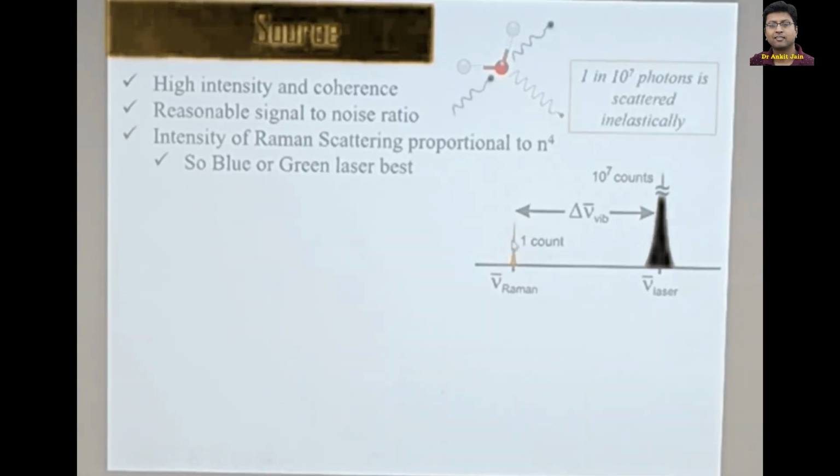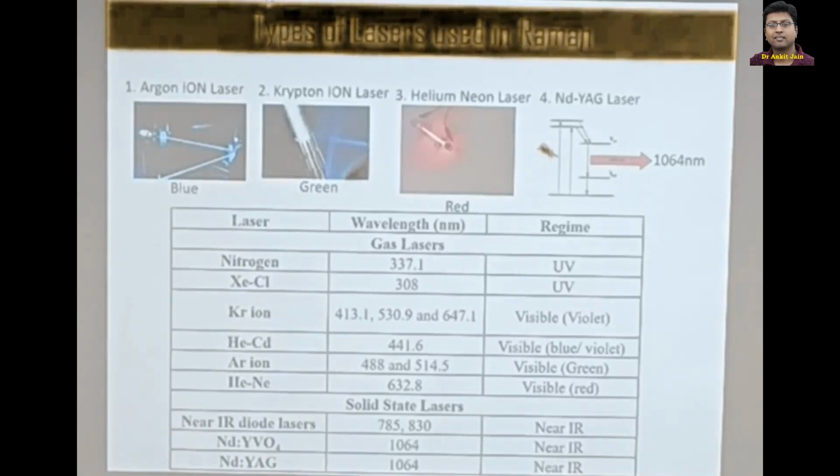So usually blue or green lasers are the best, but when we talk about biomolecules, or molecules that are degradable with high energy wavelengths, we also go for lasers like 1064 or 785, which we do very often nowadays. Usually we use blue or green lasers if we have a non-soft material.